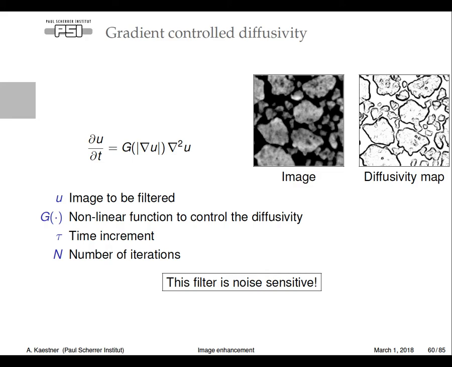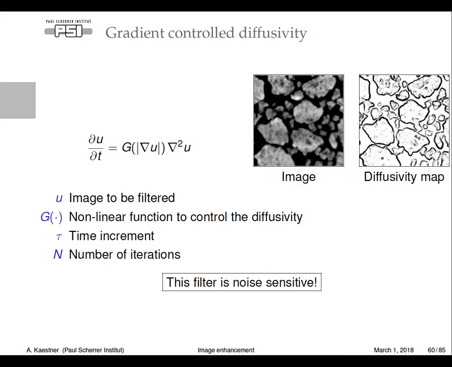And the edges of the image now, the diffusivity of this image now turns into this, where you can see that it's very much white, which is full diffusion, and black, which is stop. So it will only diffuse within these controlled regions. And then you have a much better effect.